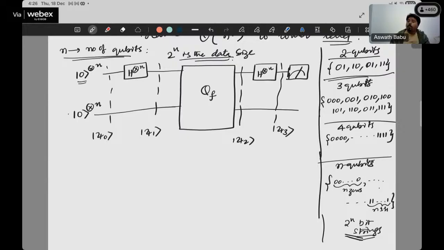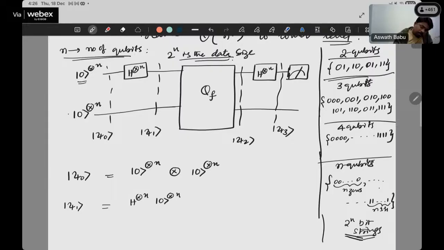The first one, psi 0, is very simple. Straight away you can write n qubits tensor n ancilla qubits. Now what is psi 1? Psi 1 is n Hadamards acting on the query, and identity, nothing, acting on the ancilla.